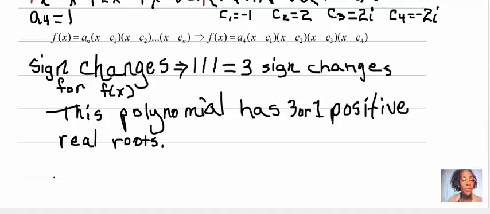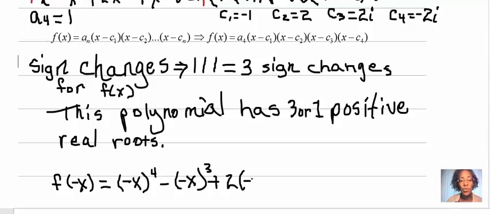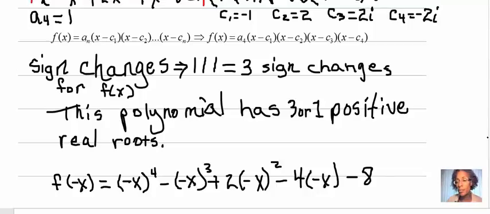So f of negative x is the 4th power applied to negative x minus the 3rd power applied to negative x plus 2 times negative x squared minus 4 times negative x minus 8. So we want to simplify that.